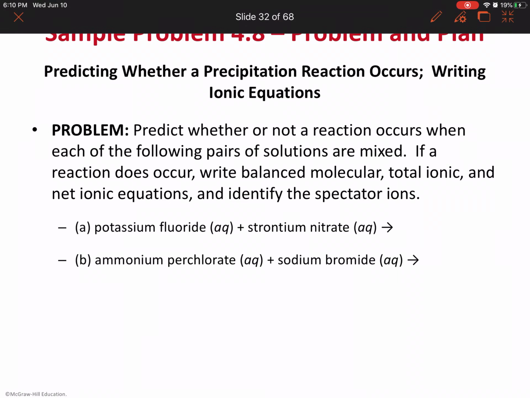Now we need to know how to write potassium fluoride. So potassium is in group 1. It has +1 charge and fluoride is group 7, -1. So when you write the formula, you will be writing it as KF, potassium fluoride. And then we have strontium nitrate.